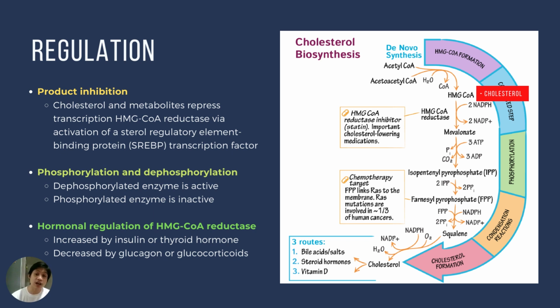Insulin and thyroid hormone will speed up the activity of HMG-CoA reductase, which also means it will create more cholesterol. And glucagon and glucocorticoids will decrease the activity of the enzyme. When you secrete glucagon and glucocorticoids, which I suppose you already remembered happens when you don't have something to eat, when you're fasting, then the synthesis of cholesterol will also slow down.